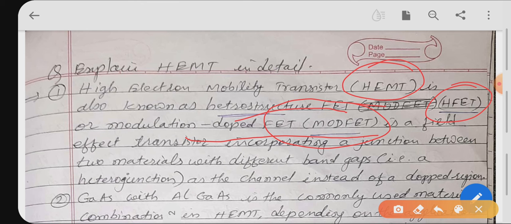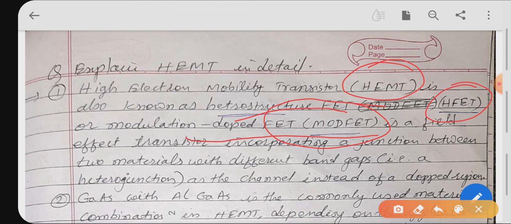It is a field effect transistor which consists of a junction between two materials with different band gaps, that is a heterojunction. The junction of two dissimilar materials is called a heterojunction, and it also has two different band gaps.